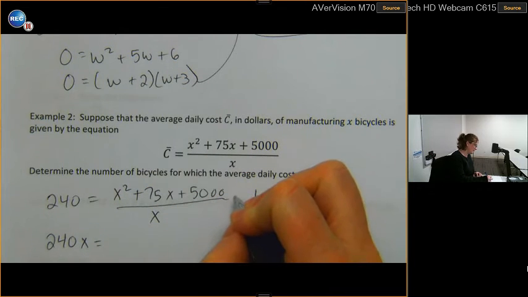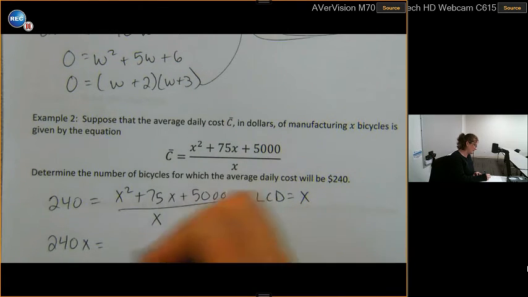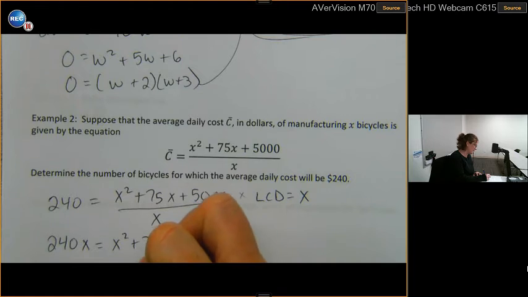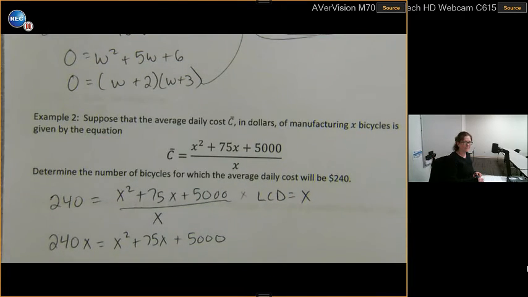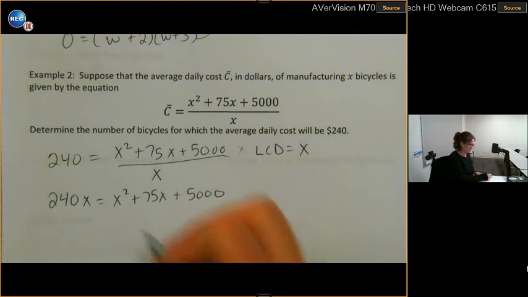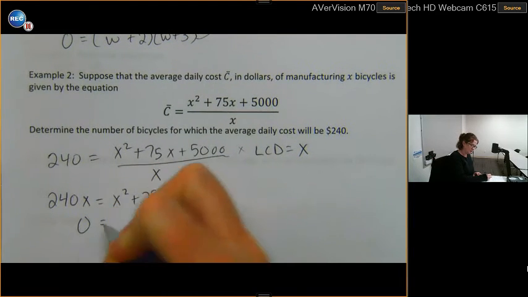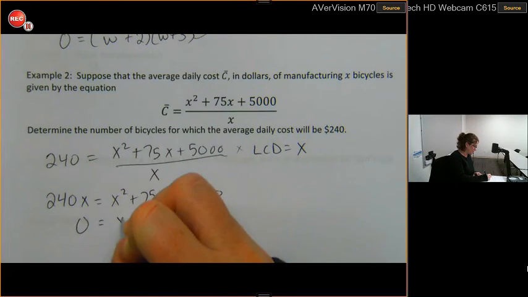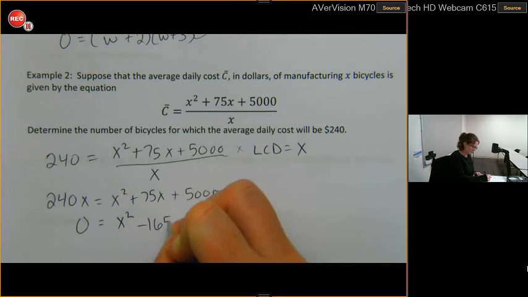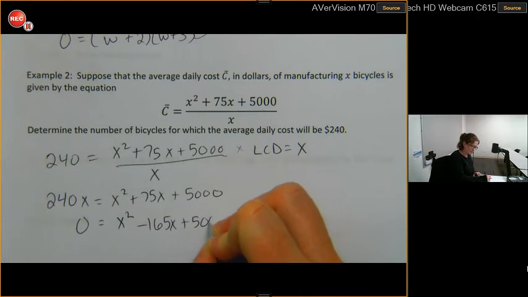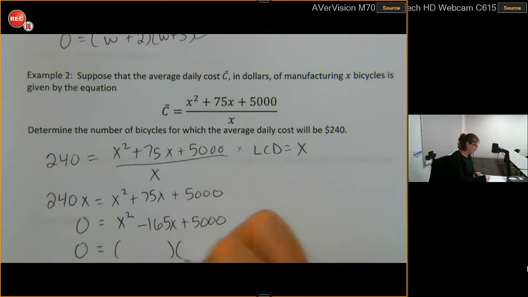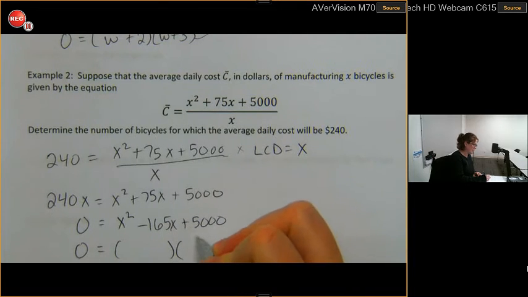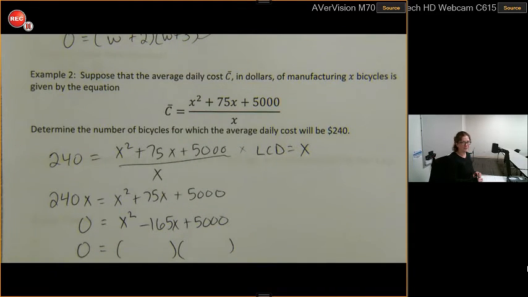Which when I multiply this side by X, the X just cancels off, and I get X squared plus 75X plus 5,000. This is quadratic because it's X squared, so I need to move the 240 over. And then this factors, I'm looking for 2 numbers that multiply to 5,000 and add to negative 165.